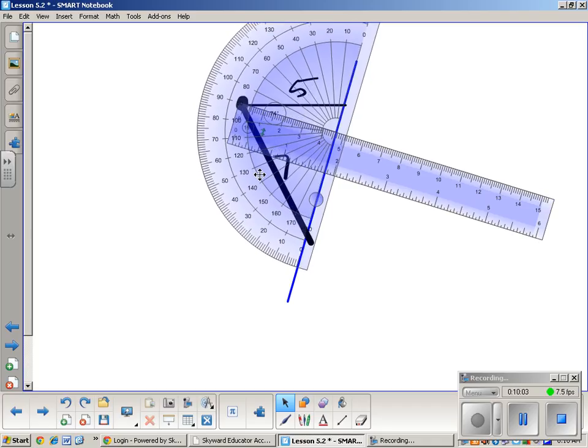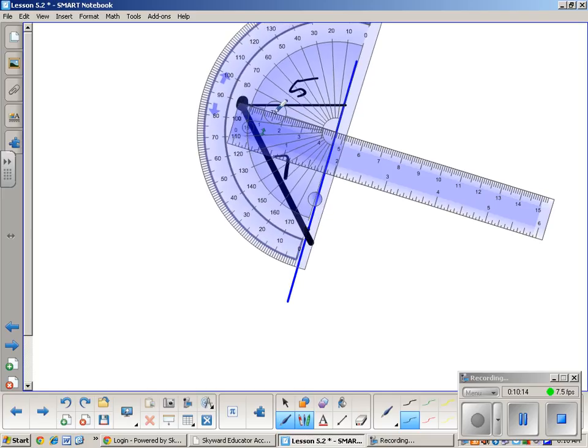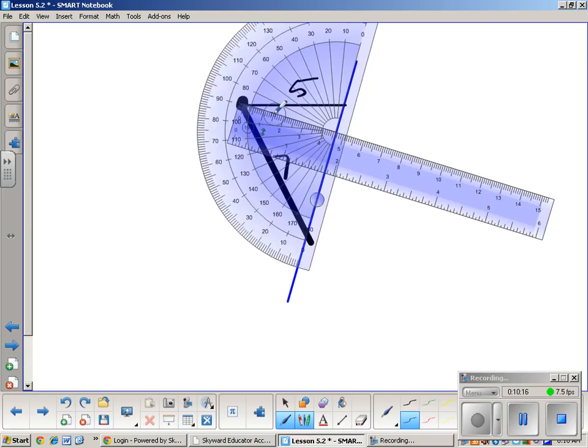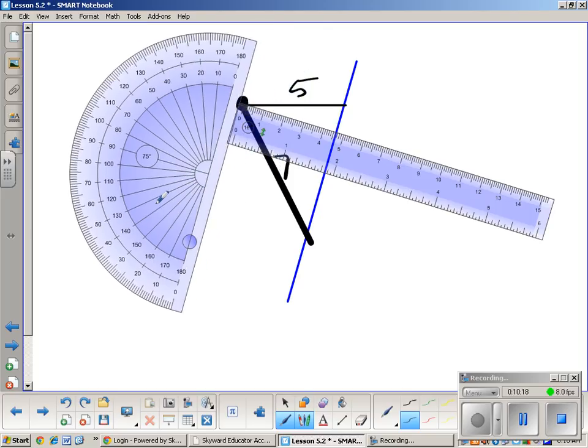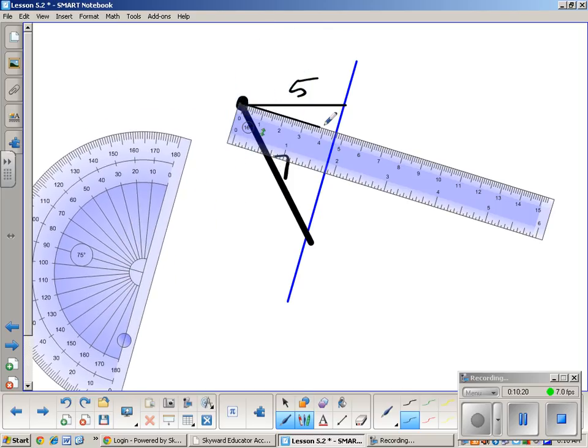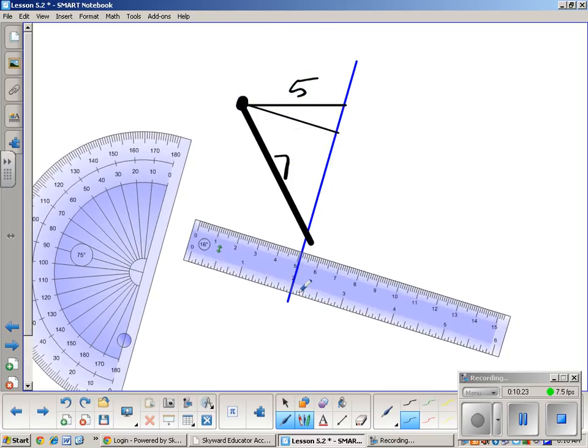So now I have a perpendicular line. Okay? That's 90 degrees. If I measure this, I don't know if I can draw on this or not. Yeah, sorry, it won't let me draw. So that line there is my perpendicular. So that's what the measurement is going to be.